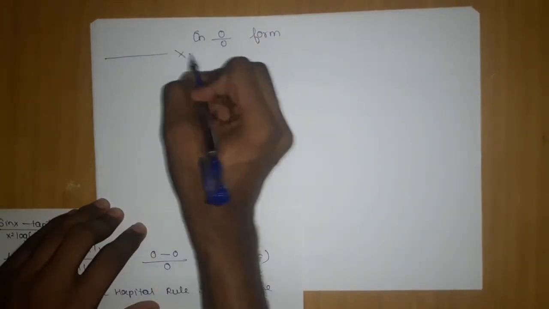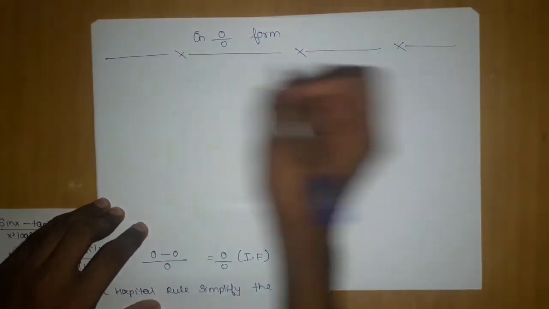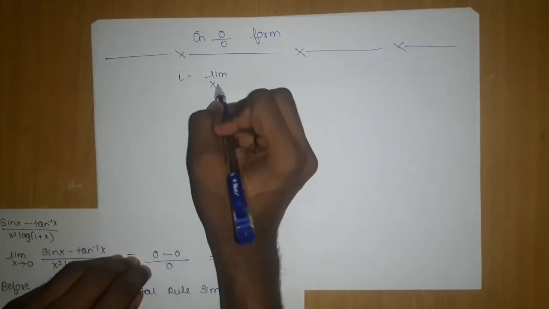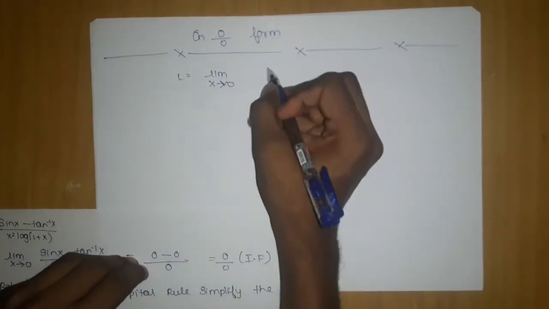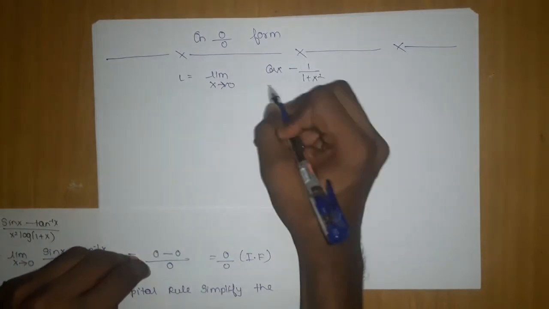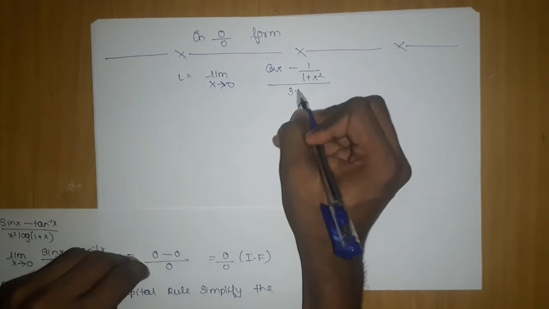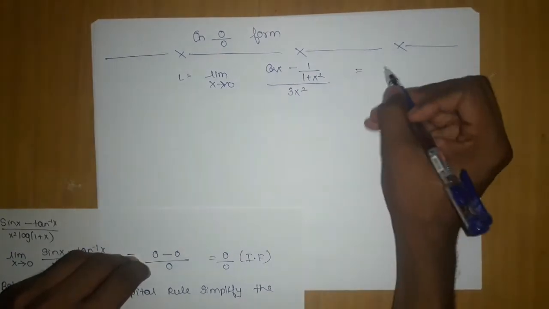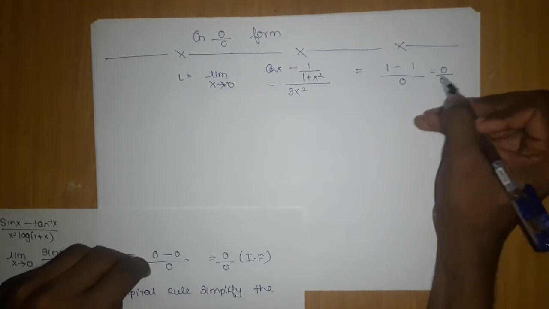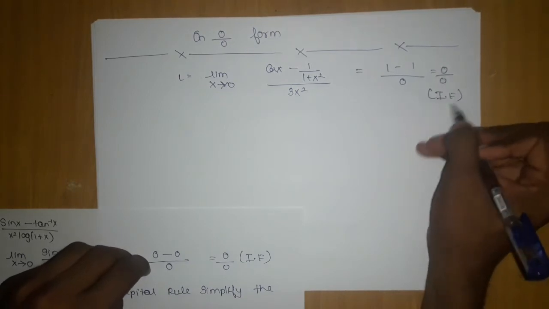What you will get, I will solve it here. If I simplify, I have cos x minus 1 upon 1 plus x square over 3x square. If I substitute the values 1 minus 1, 0, 0 by 0, we have indeterminate form.